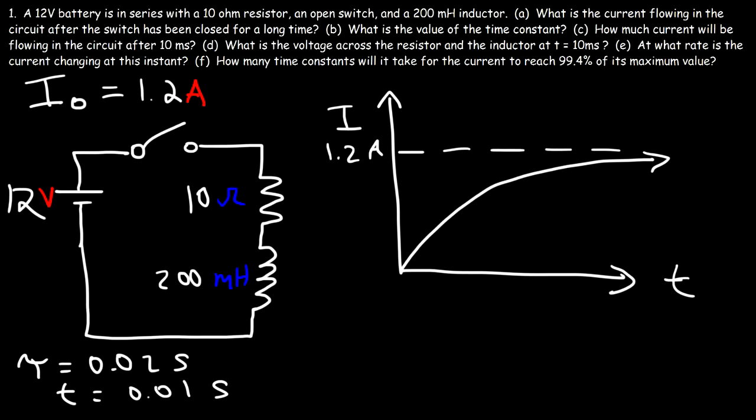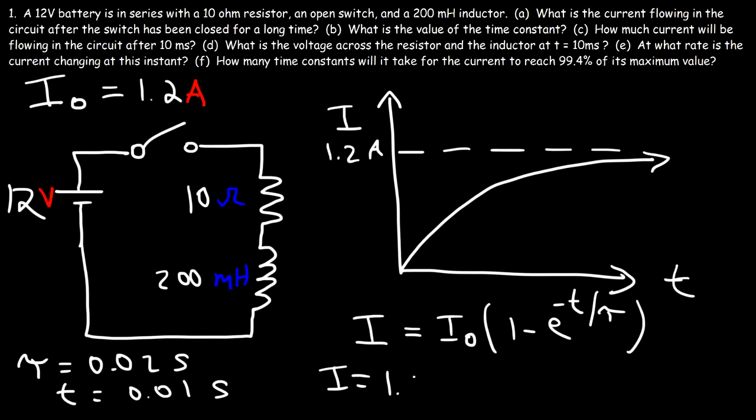And so that graph is represented by this formula. The current is going to be the maximum current times 1 minus e raised to the negative t divided by tau. So in this example, the maximum current is 1.2 amps. The time is 0.01 seconds. And the time constant is 0.02 seconds.